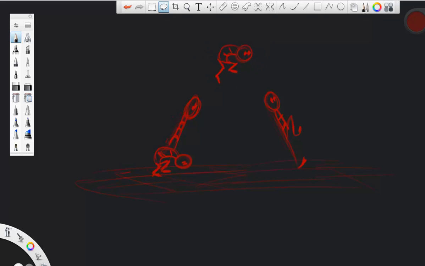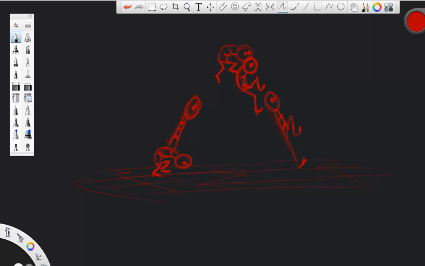And we can have a pose there. Something like this maybe, between.